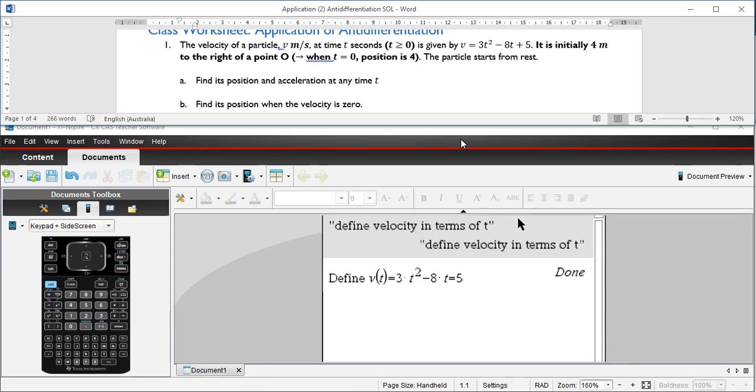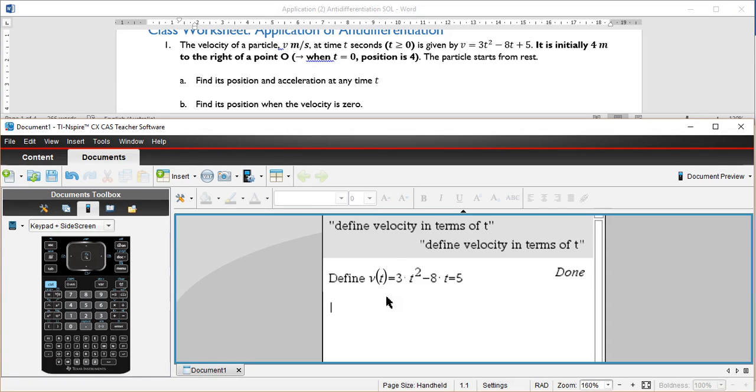Part A asks you to find the position and acceleration at any time t. This is another way of asking you to find an equation for position and for acceleration. So first of all, I'm going to define position as p of t. The position can be found from anti-differentiating velocity.